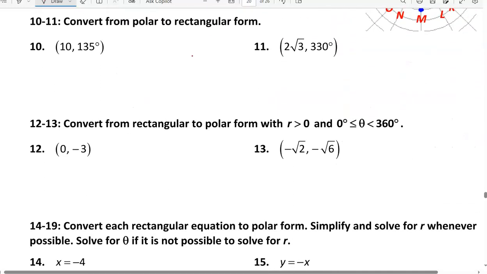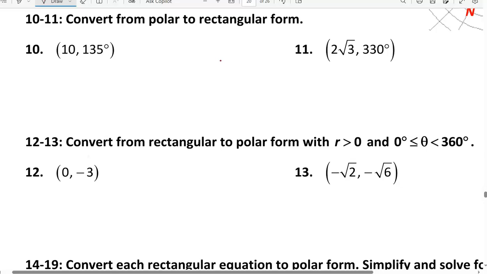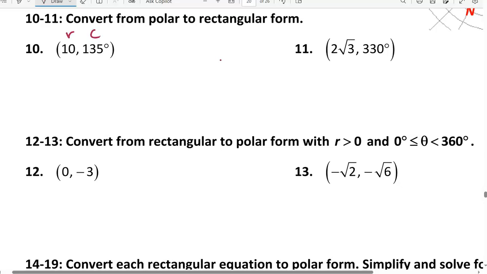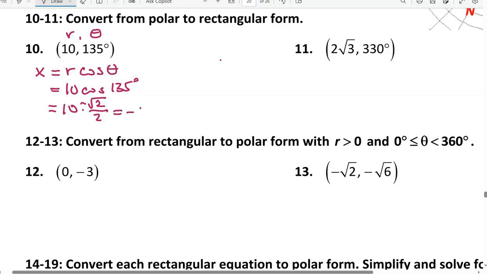For 10 through 11, we're converting from polar to rectangular form. So this is polar r, theta, and the x value is equal to r times the cosine of theta, which is 10 times the cosine of 135 degrees, or 10 times the square root of 2 over 2, but negative because we're in quadrant 2, and so that gives us an x value of negative 5 times the square root of 2.